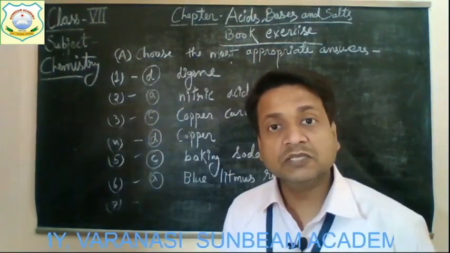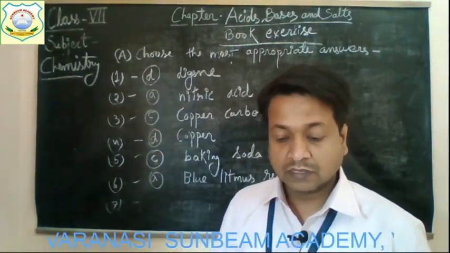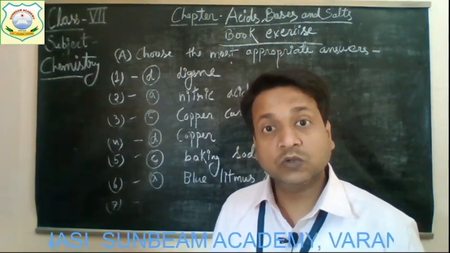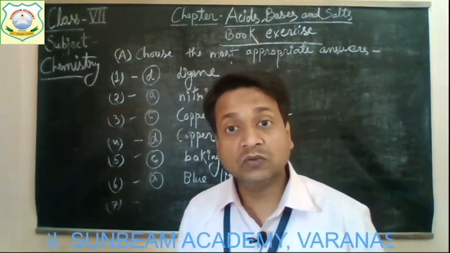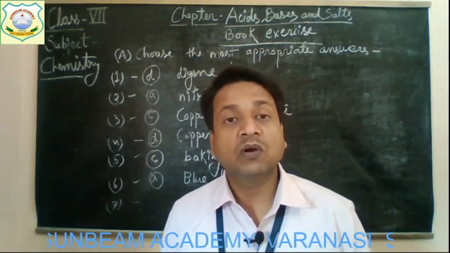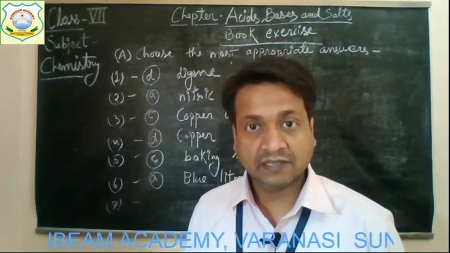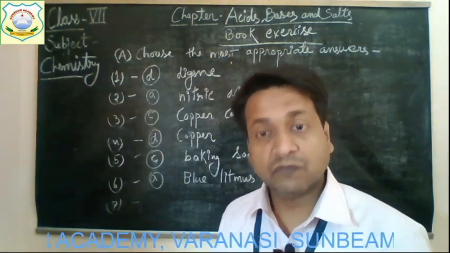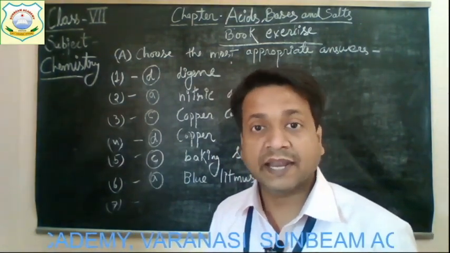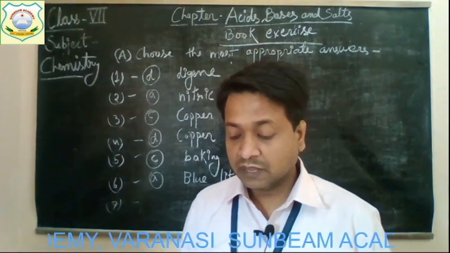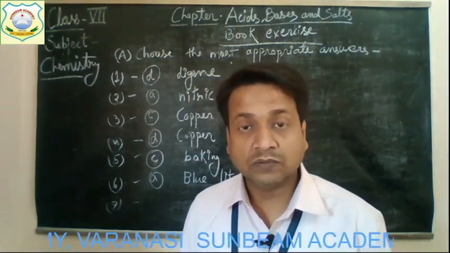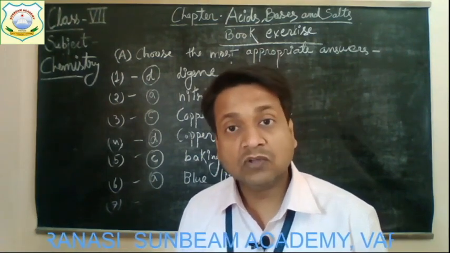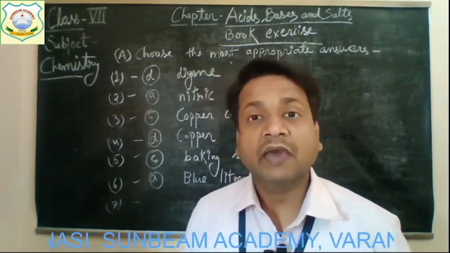Now, the question number 7. Sodium chloride will turn. Sodium chloride, children, is also known as common salt, whose formula is NaCl. So this sodium chloride will turn: first blue litmus red, second methyl orange yellow, third red litmus blue, and the fourth option is none of the above.